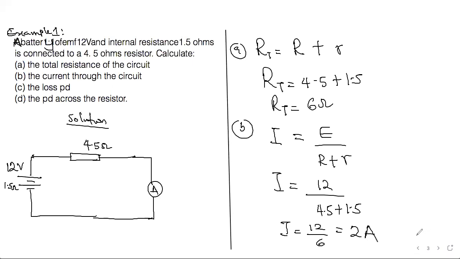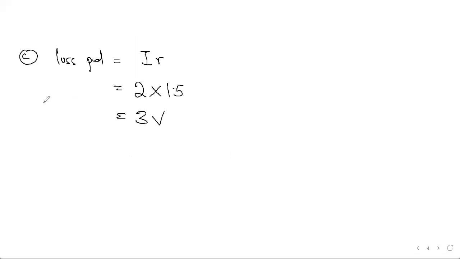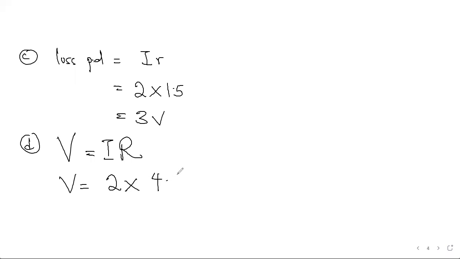Then the PD across the resistor. So this is 4.5. The PD across the resistor is the terminal PD, basically V, and that is IR from Ohm's law. So that will be current 2 multiplied by 4.5, and that will give you 9 volts.